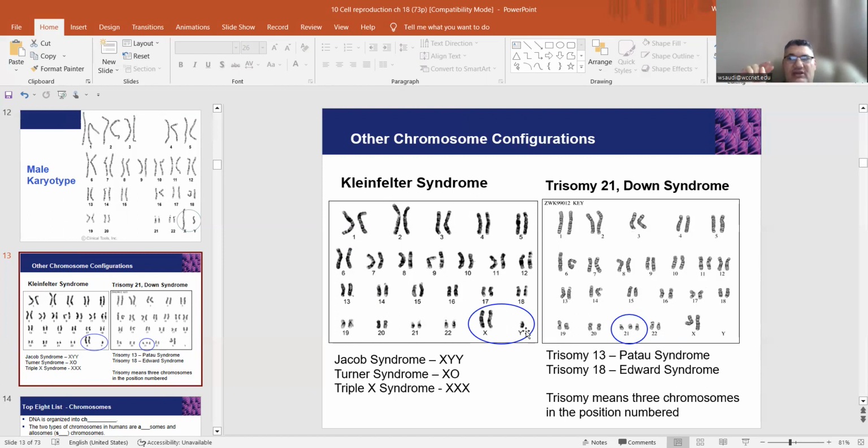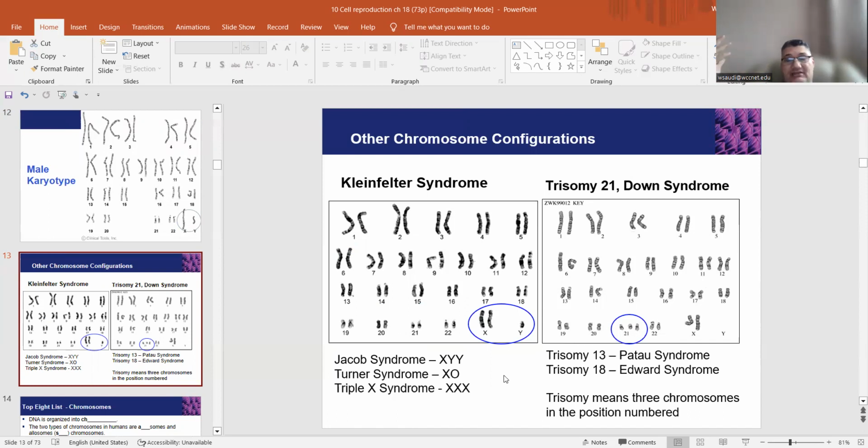Instead of having two chromosomes, which is one pair, and number 23 can be either XX if it's female, XY if it is male, here we have XXY. Is that a male or female? It's a syndrome, which is an abnormality.